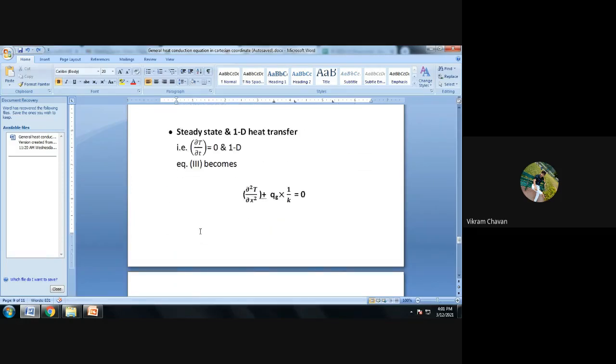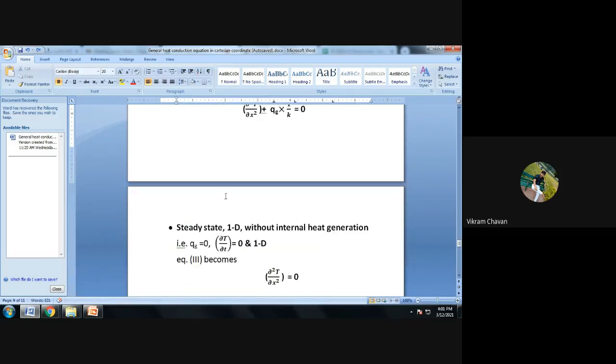Then further, the next form of the general heat conduction equation is steady state one dimensional without internal heat generation. So the conditions are: qg is equal to 0, ∂T/∂t is equal to 0, and one dimensional heat conduction, that is 1D heat transfer.